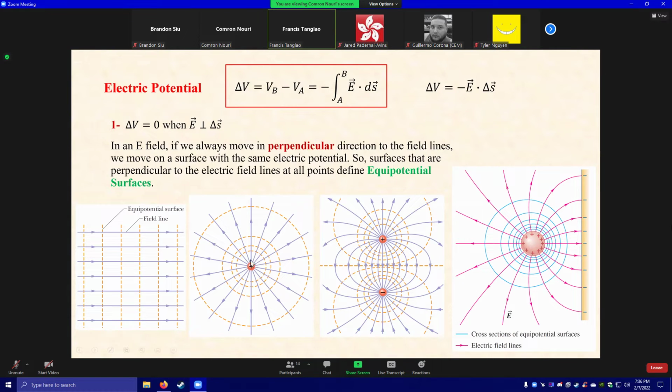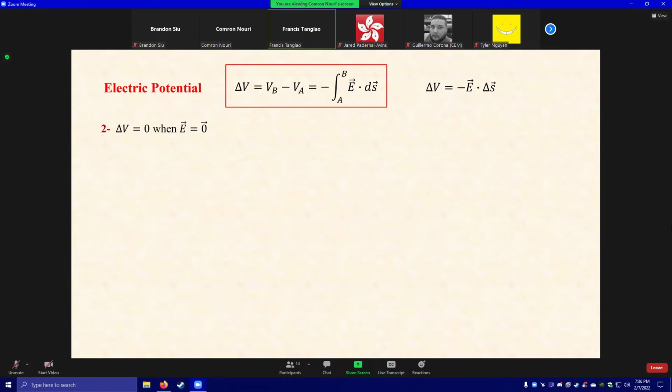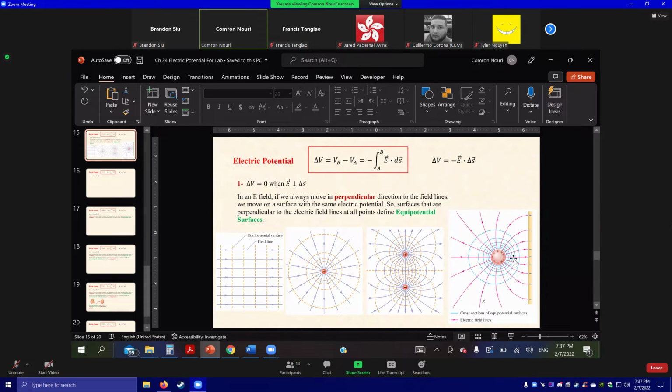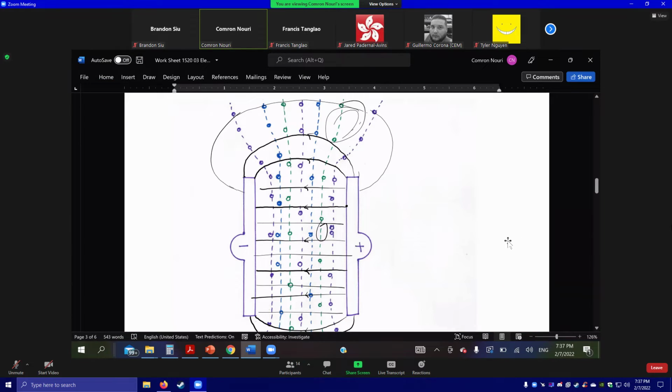And for this one, close to the charge, the field lines are closer to each other. As you go away from the charge, the field lines get farther from each other. So the concentration of the field lines shows the strength of the electric field. Understood. And also the concentration of equipotentials shows the strength of the electric field.